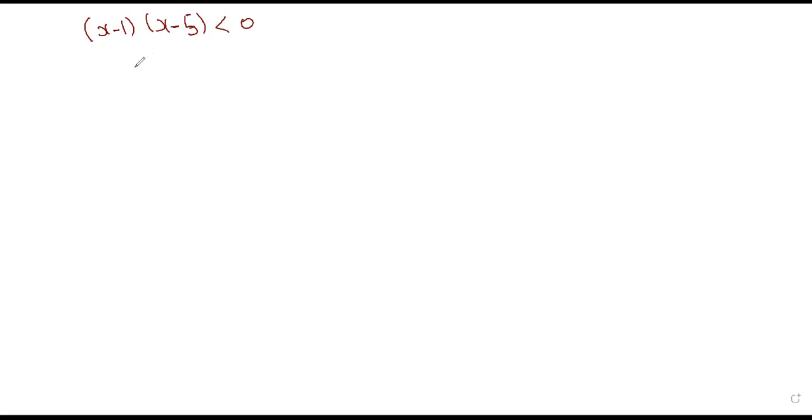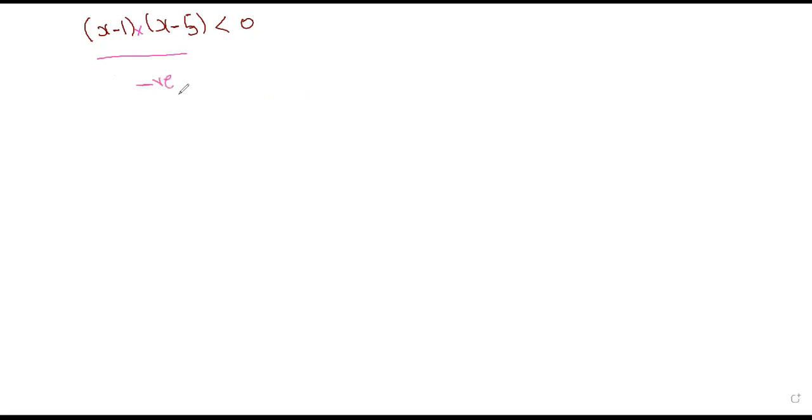Now, whenever you come across such questions, if it was an equation, we would have said that x minus 1 equals 0 or x minus 5 equals 0. But this is an inequality. And what is the inequality saying? When we are multiplying these two numbers, we are getting less than 0.